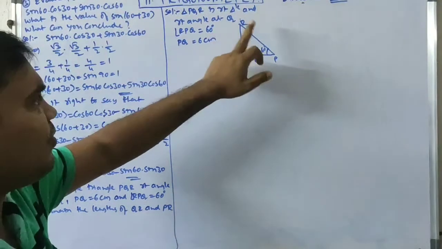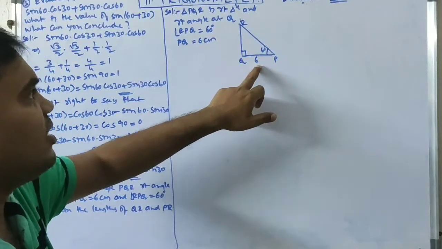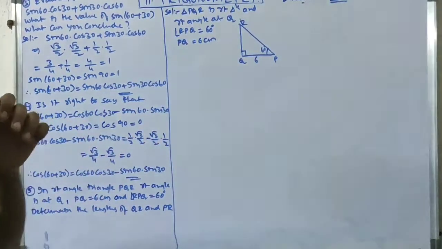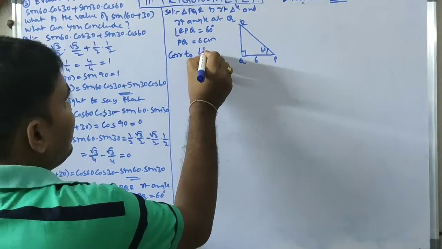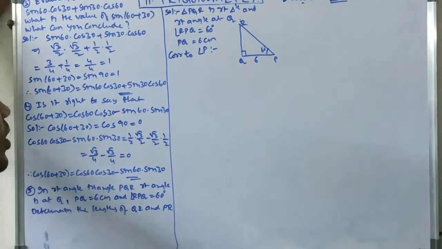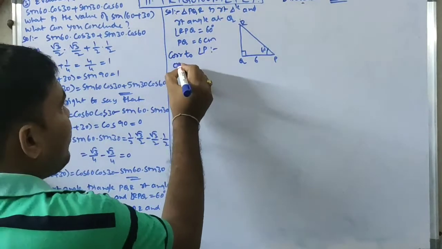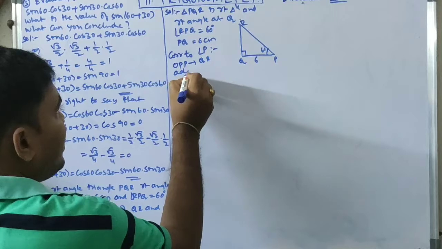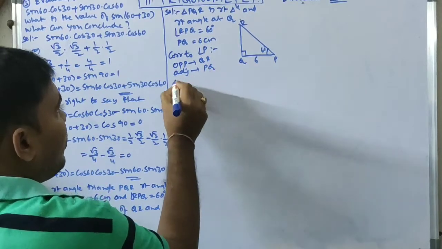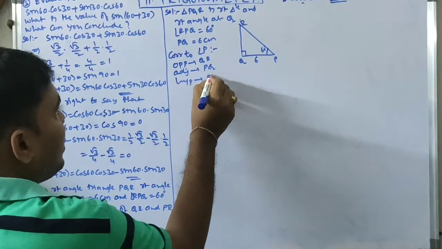For this triangle, this is the adjacent side, and we don't know the opposite side and hypotenuse. Corresponding to angle P, what is the opposite side? QR. What is the adjacent side? PQ. What is the hypotenuse? PR.